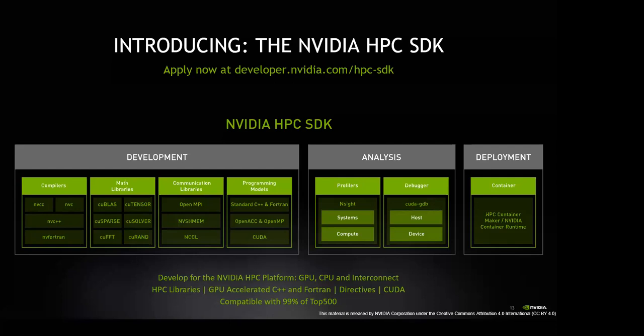Now we merge everything under a single umbrella, which is the HPC SDK. And so the PGI compilers are now part of this set, and they've been renamed. So PGFortran is now becoming NVFortran, PGCC is NVC, and PGC++ is NVC++.